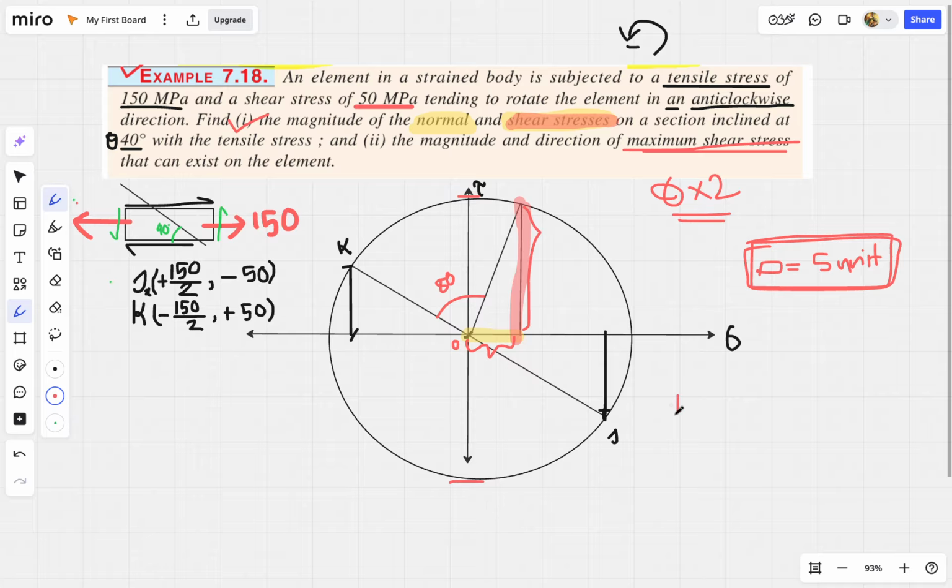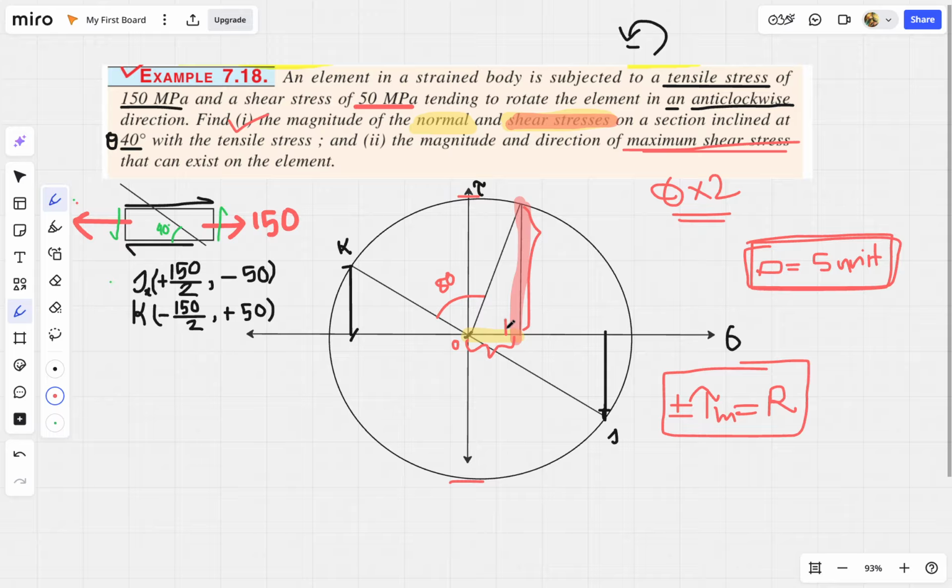So the maximum shear stress will be plus minus T max, equal to the radius of the circle, because this is the topmost point and this is the bottommost point. The topmost point on the y-axis will be positive r, and the bottommost point will be negative r. So how can we determine the r?